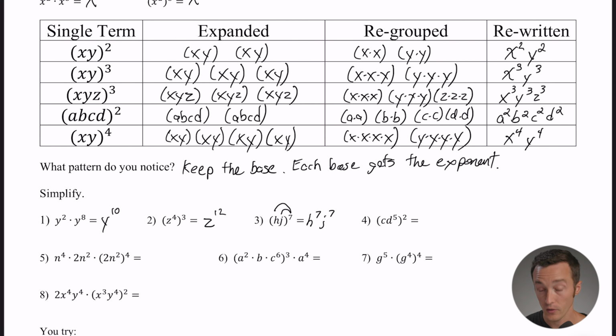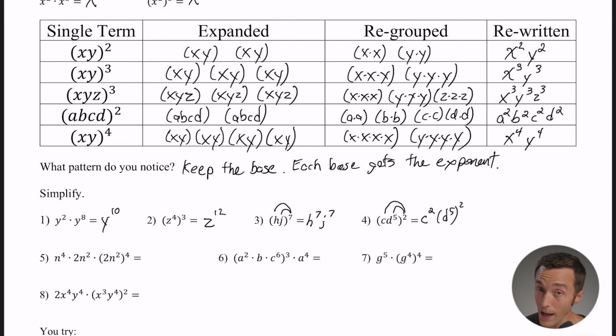in the same problem. For example, c d to the 5th power, then that whole thing is to the 2nd power. So if we look at our rule from today, I would say that the c is going to get that exponent of 2, and so is the d to the 5th. So you could simplify this and rewrite it as c to the 2nd, and then d to the 5th to the 2nd.